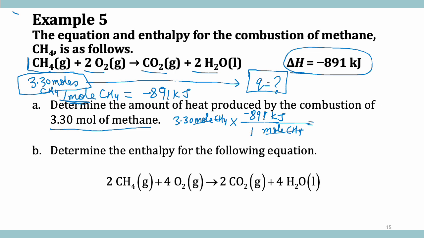If we plug this into calculator, we get 2940.3 kilojoules. That is how much heat is released in this process. Okay, this is 3 sig figs, this is also 3 sig figs, so my final answer should be 3, which will be 2940 kilojoules. So you can relate moles, grams, anything to heat.